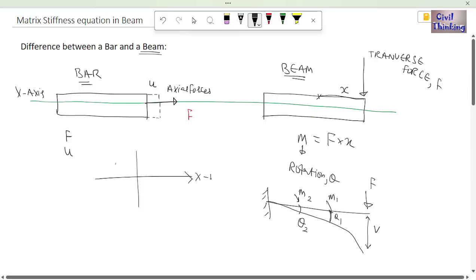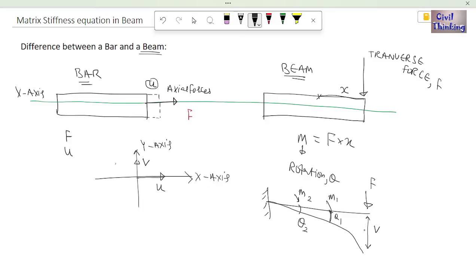If this is the x-axis and this is the y-axis, I have assumed the displacement along the x-axis as u and the displacement along the y-axis as v. Right here it is the displacement along the x-axis, so it is u, and right here the displacement is vertical, and vertical is the y-axis, so that is why I denoted it with v.